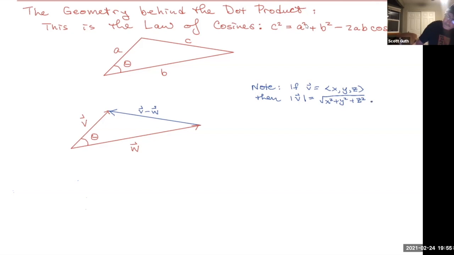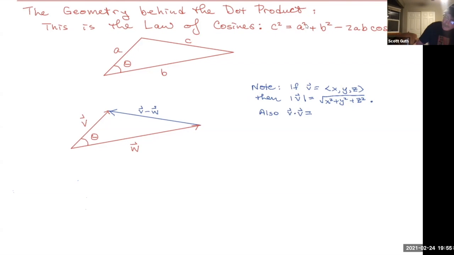Also, if we dot V with itself, let's do V dotted with V. So here you would multiply the X component of V times the X component of V, and then the Y's and then the Z's.